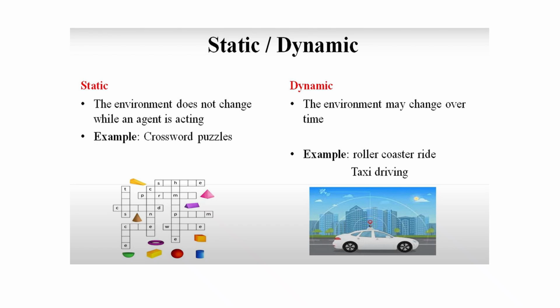In a crossword puzzle, there will be some scenario or statement, from left to right, right to left, up to down or bottom to up. It will be given, so the environment does not change while we are playing the game. Wherever we move, left to right or right to left, it is according to the statement given for the particular problem.